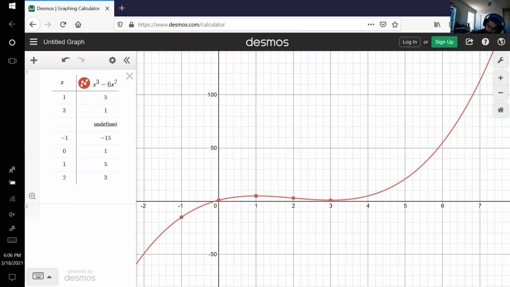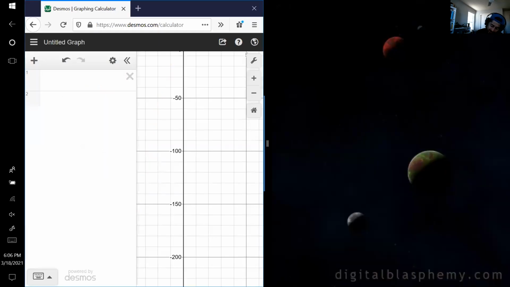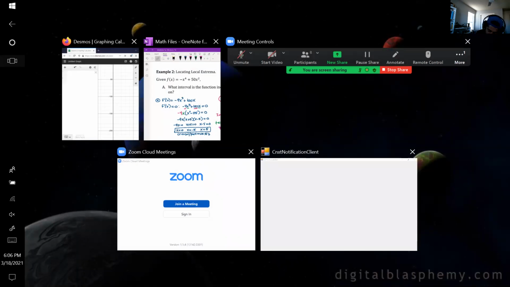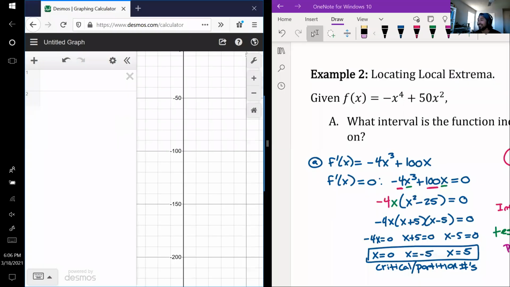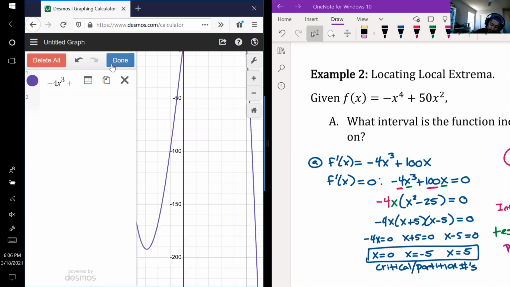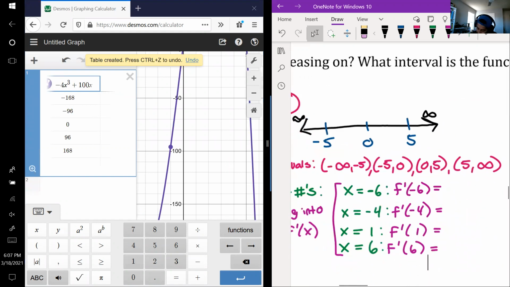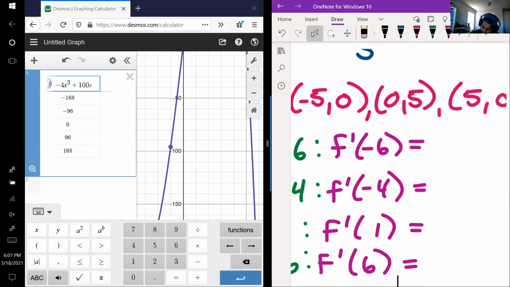Boom, boom, boom. There we go. My laptop's like, it's the end of the week. I'm done with you, man. I still got one more class to go, laptop. Chill out. All right. So I'm going to type this in. The derivative, -4x cubed plus 100x. Do my table feature and then scroll back over here and type all these lovely numbers in.